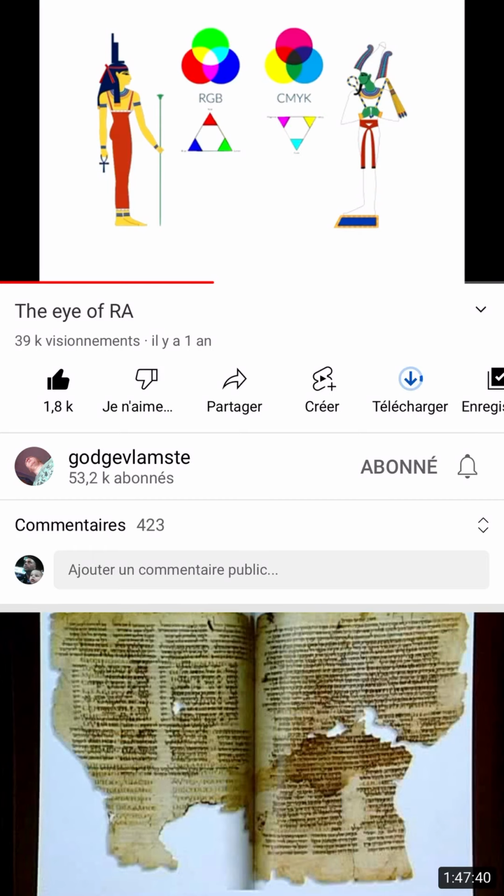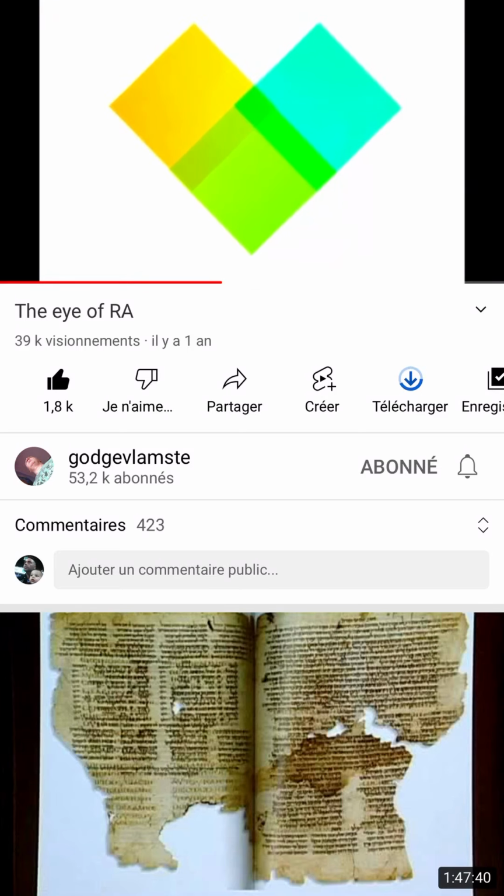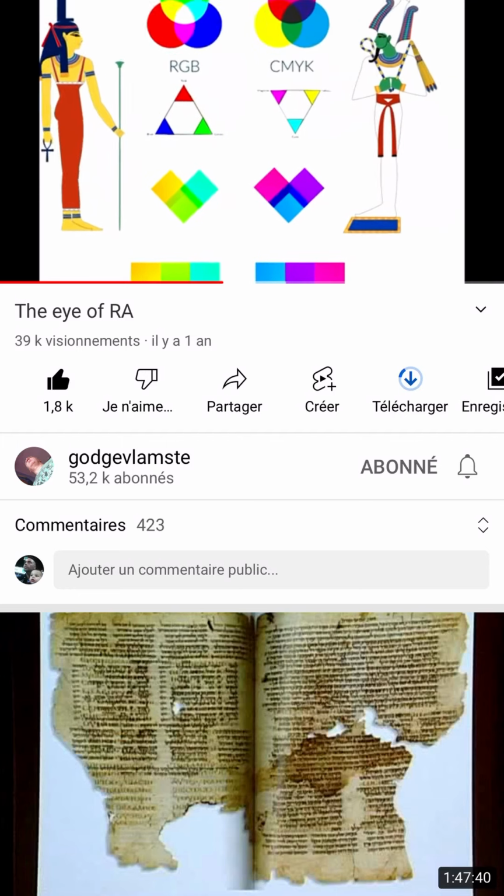Here you have the counter-rotating pyramid colors, and here you have the toroid colors. Time for an experiment. Put the 6 colors in a sequence and see what happens.